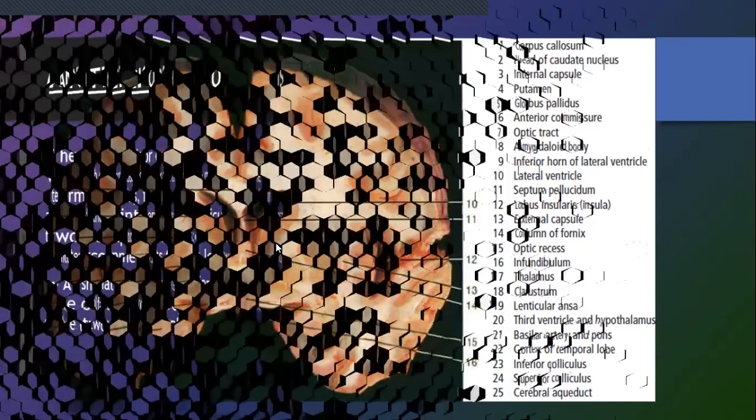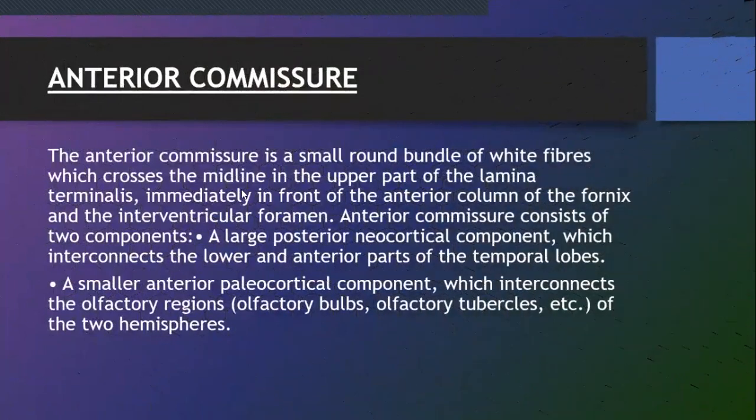Now let's look at the anterior commissure. Now, the anterior commissure is a small round bundle of white fibers which crosses the midline in the upper part of the lamina terminalis, immediately in front of the anterior column of the fornix and the interventricular foramen of Monro. Now, the anterior commissure consists of 2 components. It has a larger posterior neocortical component.